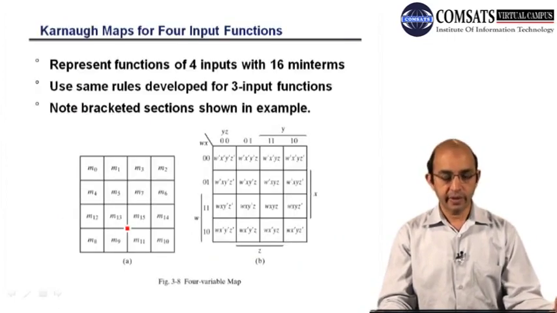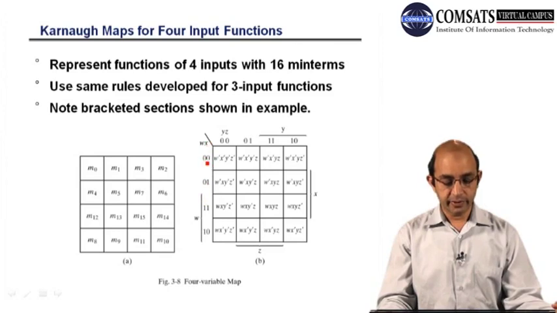And then we can have a K map for 4-input functions, for 4 variables. You can see that we have W, X, Y, Z, so YZ is taken along the horizontal direction, and in the column we have taken WX.